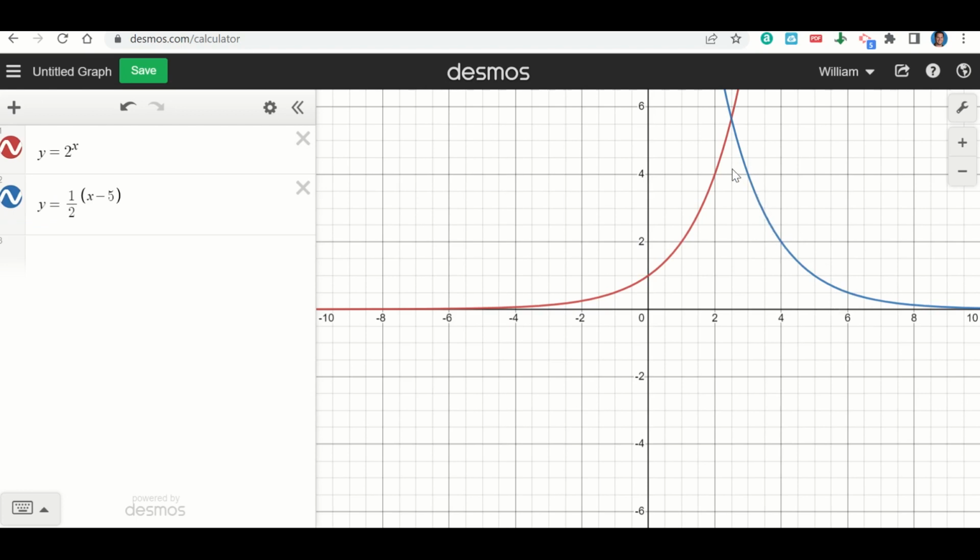And we can see that it's slid over to the right. So we can graph any equation using Desmos and check our work so that we can see exactly what the graph of the line should look like. So that's how you can use Desmos to check your work when dealing with exponential functions.